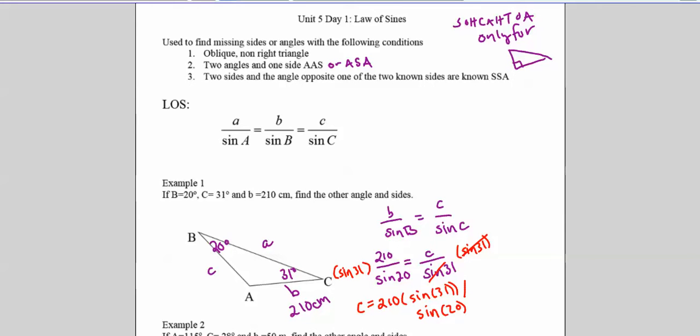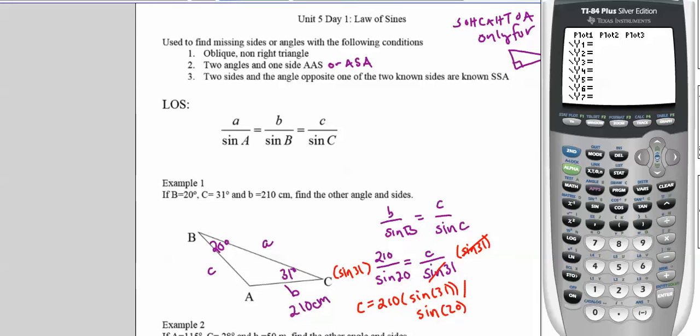Let's pull up the calculator and try that. I need to press mode and make sure I'm in degree mode. I'm in degree mode right now, but if you're not, fix that. We're going to press 210 sine 31, close the parentheses, divided by sine 20, and close the parentheses.